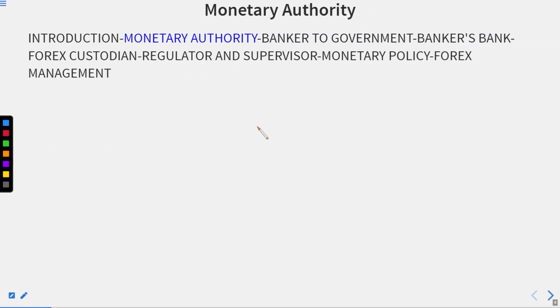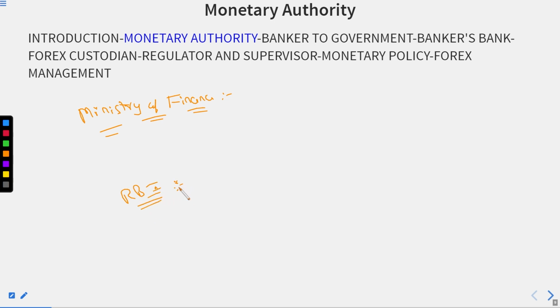Thereafter, taking the introduction, now we have the monetary authority. However, we already know that there are two bodies: the Ministry of Finance, and then comes the RBI, not Ministry, RBI.